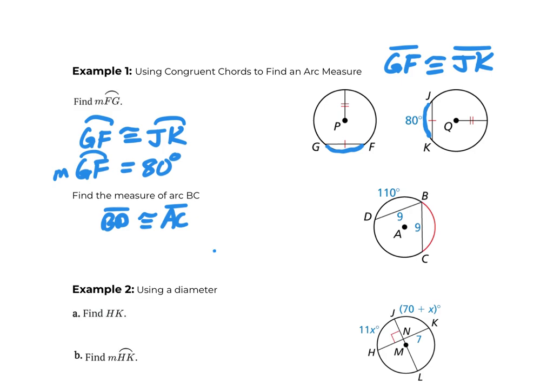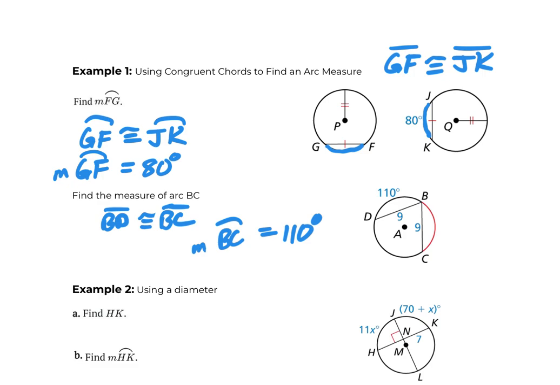So that means that the measure of arc BC, not AC, should have put BC here too. Measure of arc BC is also 110. It would be the same as this arc here.